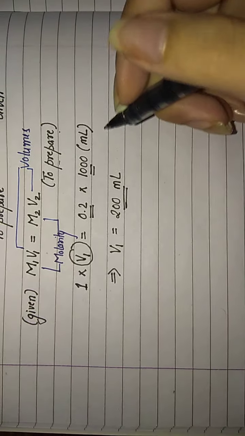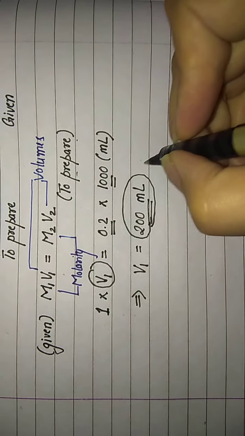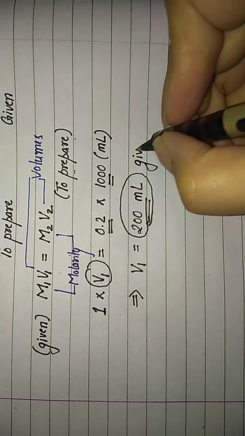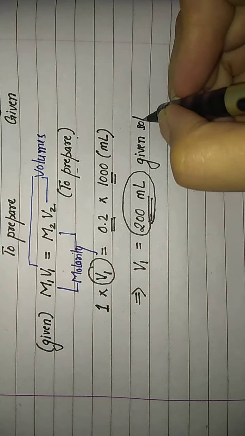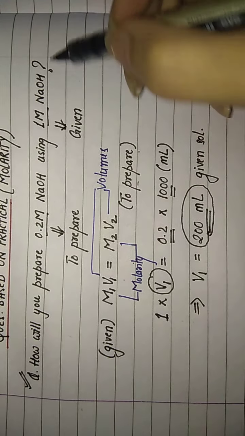What you are going to do is take 200 ml of the given solution, the solution which has been given to you, which is 1 molar NaOH.